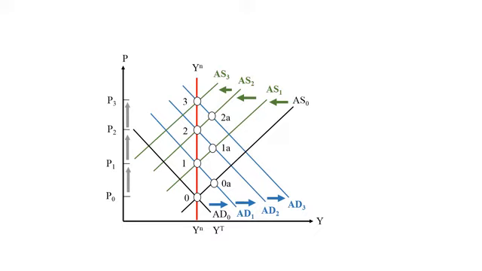The inflationary process discussed above is called demand pull inflation because it's caused by the decision makers following policies that shift the aggregate demand curve to the right. Unlike demand pull inflation, cost push inflation was the case when workers increased wages.